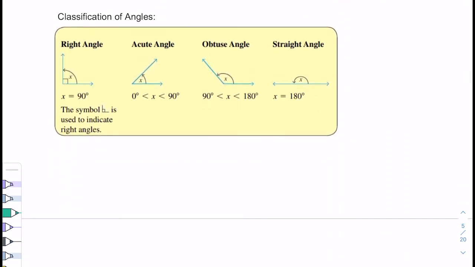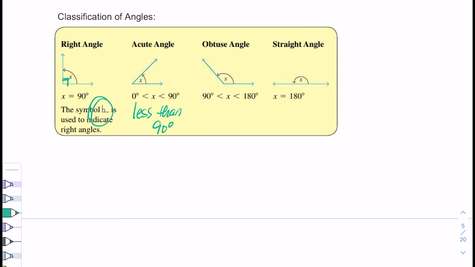Some angles that you may be familiar with that you've seen before, if we classify angles, there's 4 ways. You have a right angle, which always measures 90 degrees, and you'll have this symbol. It looks like a box or a square. That signifies 90. An acute angle is always less than 90 degrees.